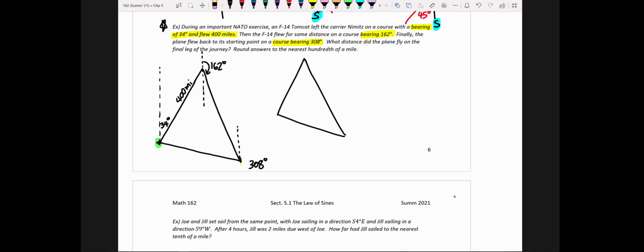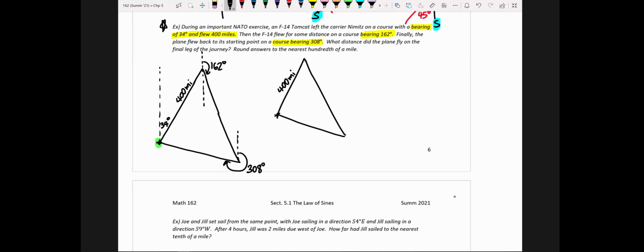So since this is supposed to be 308, I'm going to elongate this to make it drawn to scale a little bit more. Okay. So the information given is the first leg we went 400 miles.